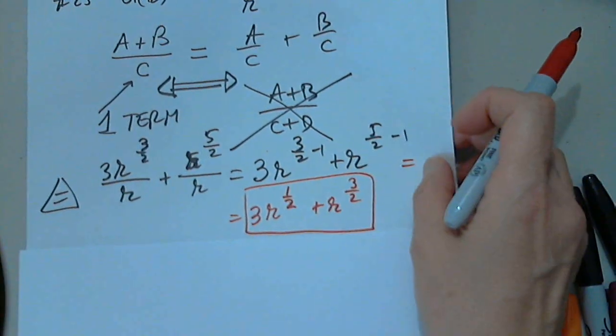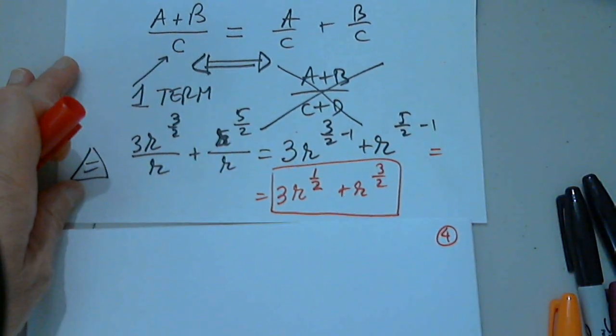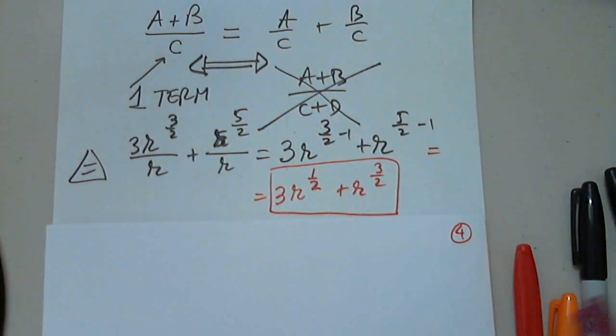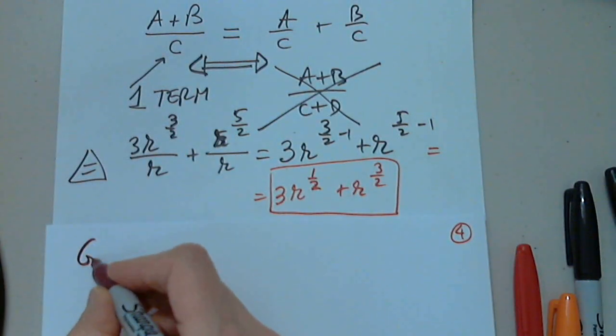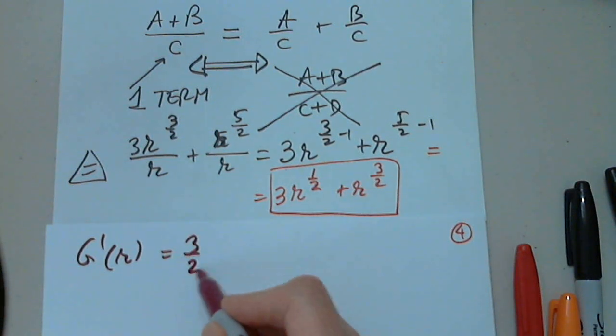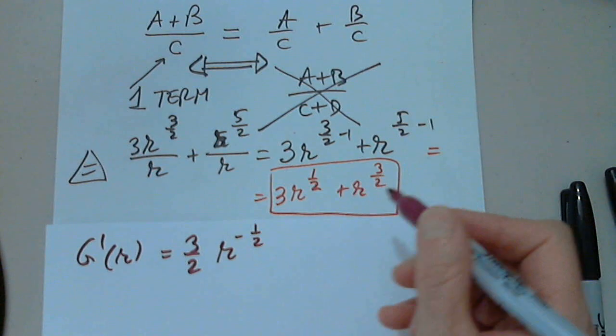So can anyone differentiate the first part and differentiate the second part? So g prime of r. The first part is 3/2 r to the negative 1/2 power. Yes, because 1/2 minus 1 will be negative 1/2. Very good. Plus.